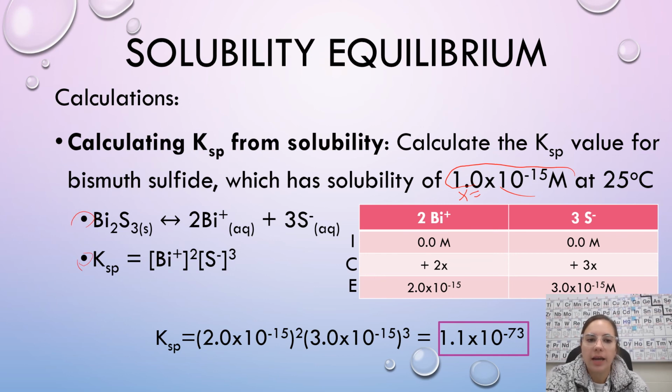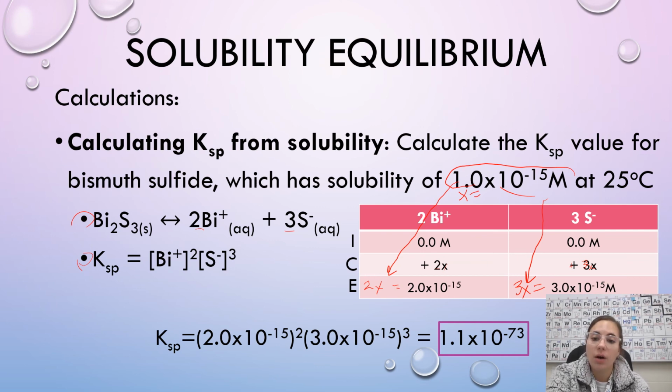Here we have our K, so bismuth squared times sulfur cubed because of our coefficients. We initially start with 0. We have plus 2X and plus 3X. So my equilibrium concentration is 2X and 3X. So I plug in 1 times 10 to the negative 15 to get 2 times 10 to the negative 15 and 3 times 10 to the negative 15.